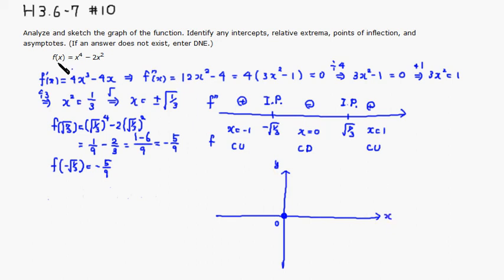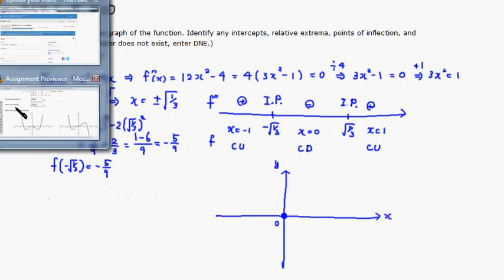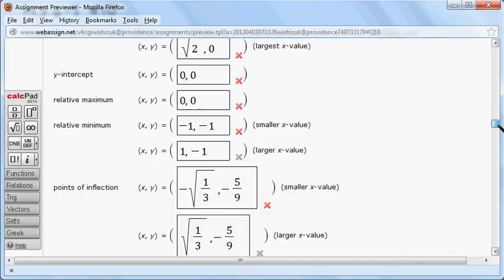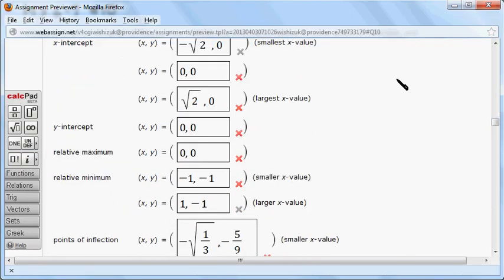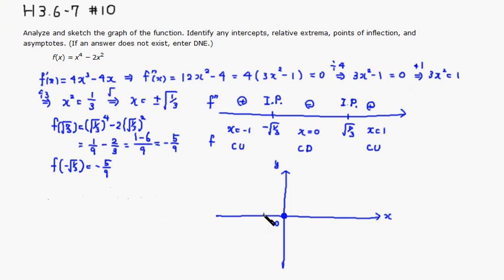And I believe the local minimums are at -1, -1 and 1, -1. So we have to go through there.